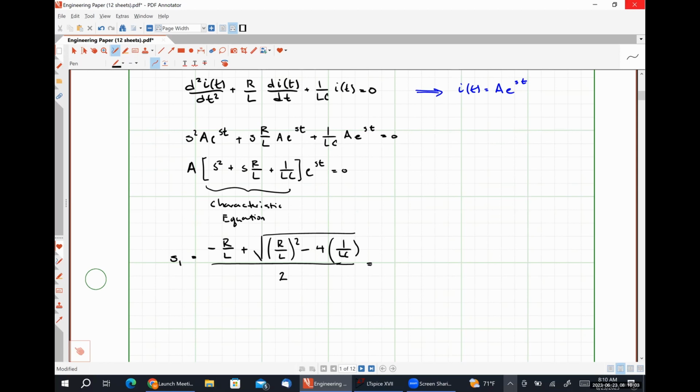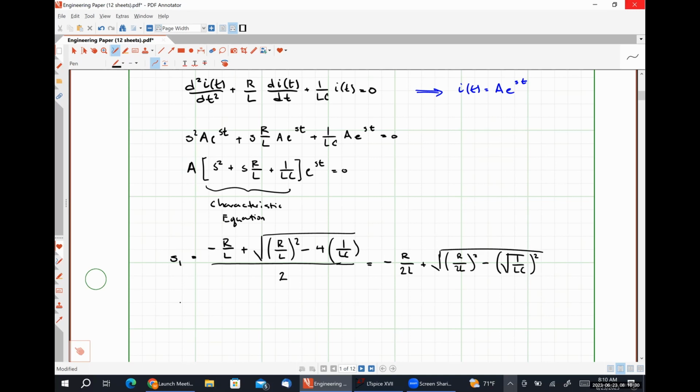Moving that 2 from our denominator up into the numerator, we get negative R over 2L plus the square root of R over 2L squared minus 1 over LC.